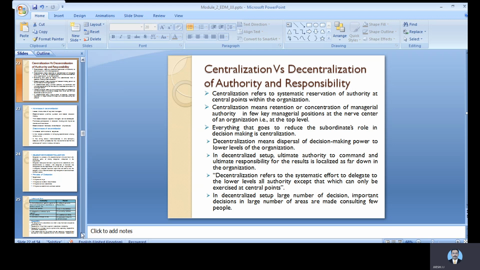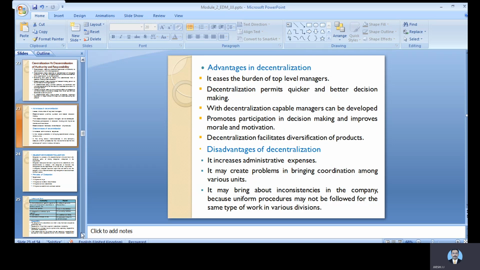Decentralization refers to a systematic effort of delegation to lower levels, and it can be an expected approach that this much of work can be assigned to this set of people for accomplishing the task. In a decentralization setup, a large number of important decisions in a large number of areas are made by the people.